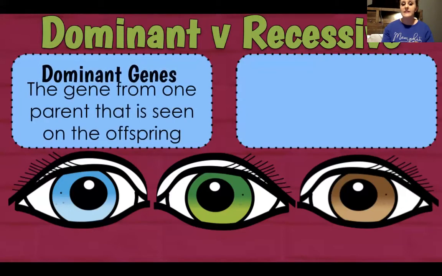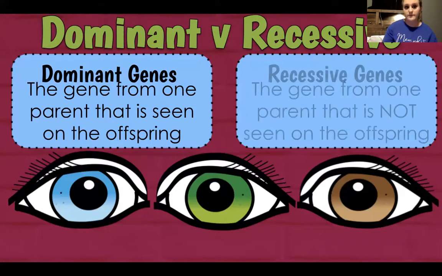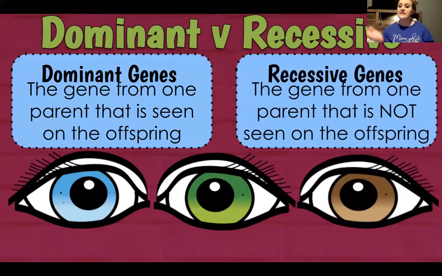Okay, so your dominant versus your recessive genes. A dominant gene is the gene from one parent that is seen on the offspring. So if your parents had brown eyes and green eyes, and you had brown eyes, then that means that is the dominant gene because you got that from one of your parents. Okay. And a recessive gene is the gene from one parent that is not seen on the offspring.